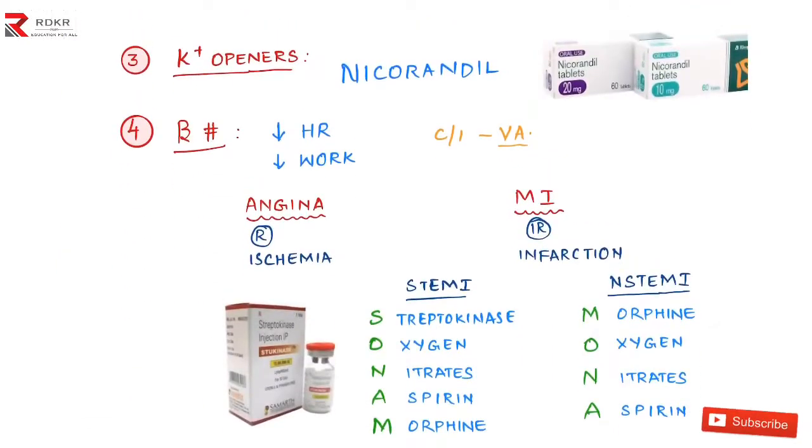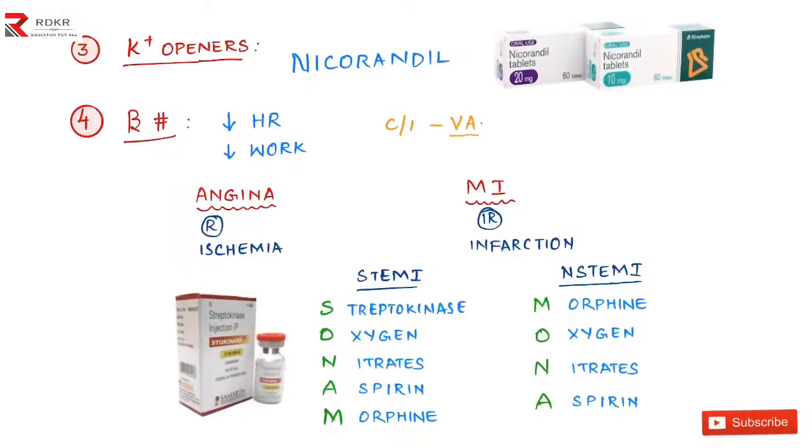And the third group of drugs, the potassium channel openers. Here you have to remember only the name of the drug, nicorandil. We discussed this group of drugs more deeply in other videos also. And here, if you can see the word nicorandil, it acts as a nitric oxide releaser.